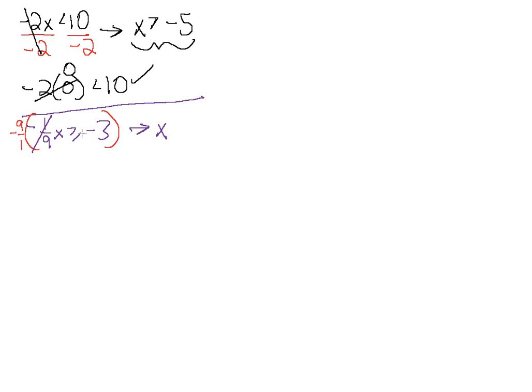Our greater than or equal sign becomes less than or equal to. Minus 9 times minus 3 is a positive 27. Again, we can check this by picking a number less than 27, or we can pick 27 because x can be equal to 27. It's included in our interval solution. We can plug that number into the original inequality, and it should remain true. I'll leave that as a good check for you once we get done with a few more examples.